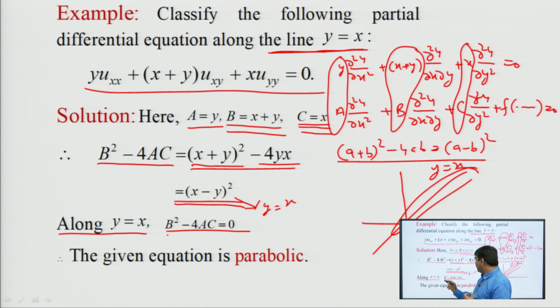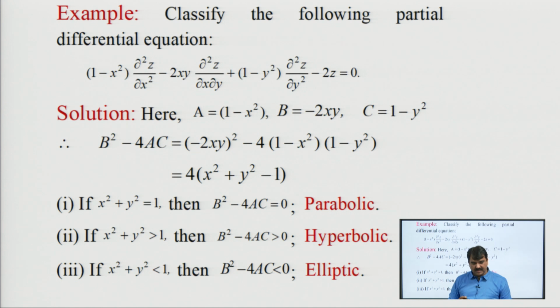It means along y is equal to x, this differential equation represents a parabolic differential equation. Next, if we consider this example, in this example we have taken this differential equation.